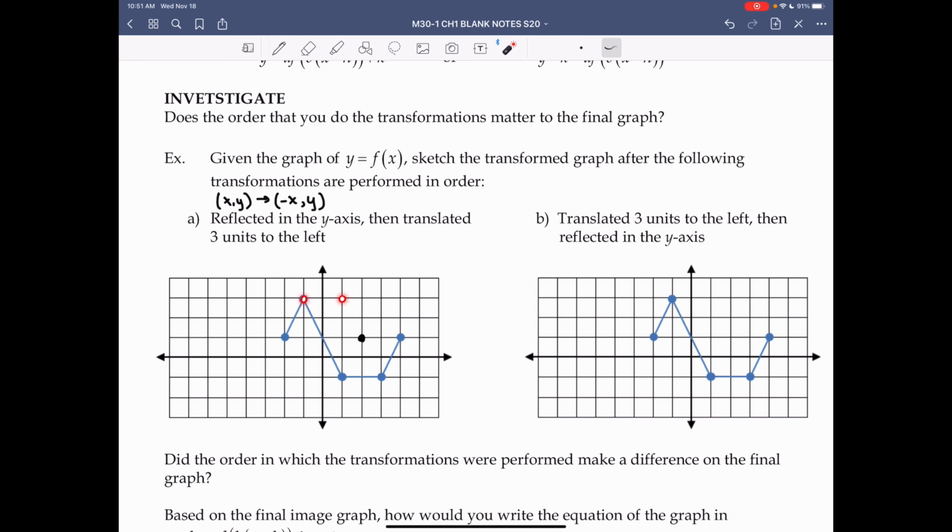B, translated 3 units to the left, then reflected in the y-axis. So first we're going to translate, so move each point 3 units left. First one's going to be here. This one's going to go here.